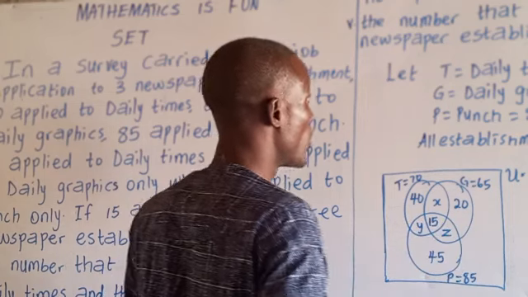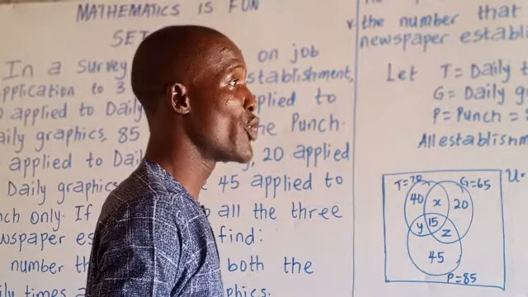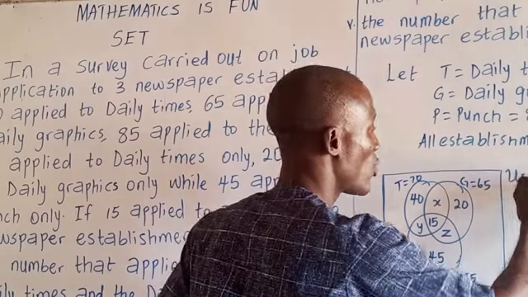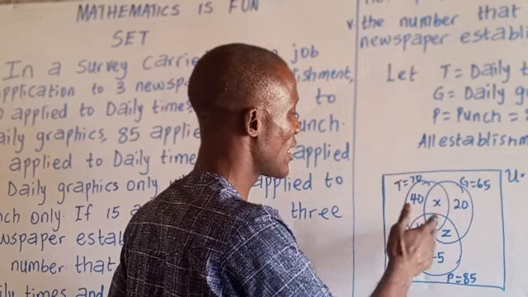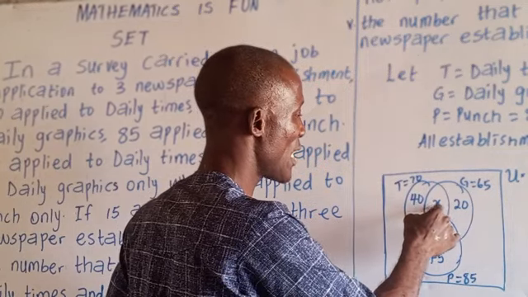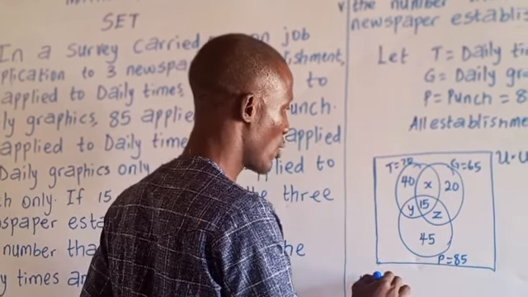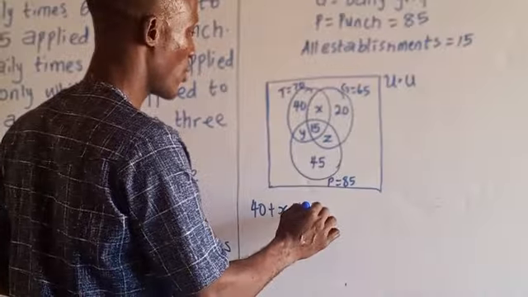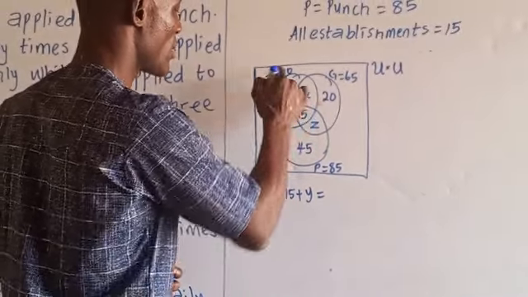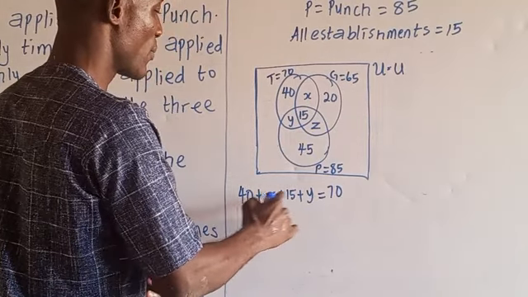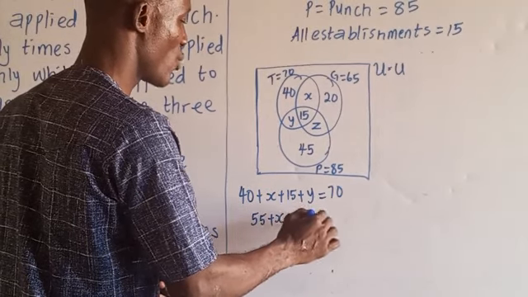Don't forget, you're being told that each applicant applied to at least 1 newspaper establishment. We don't know the universal set, so we can call this one G. Looking at this place here, we can say that 40 plus X plus Y plus 15 equals 70. 40 plus 15 is 55, plus X plus Y equals 70.